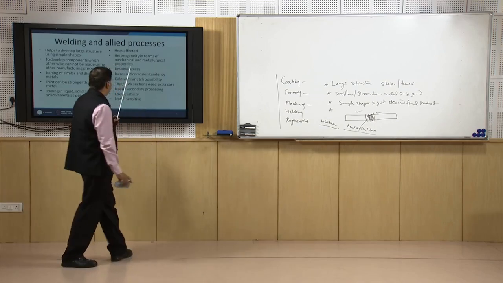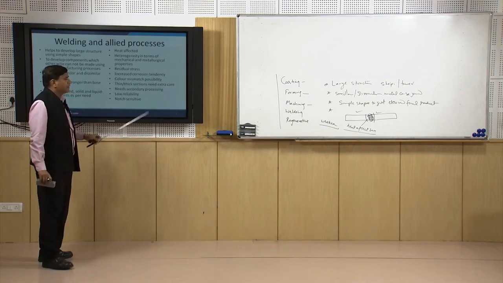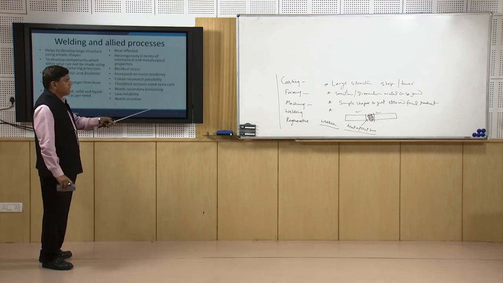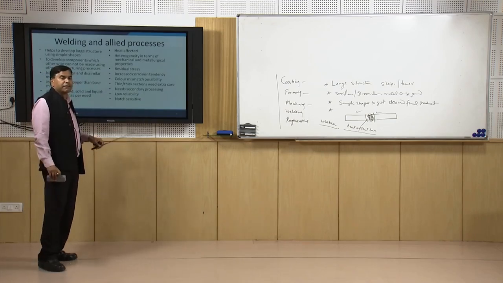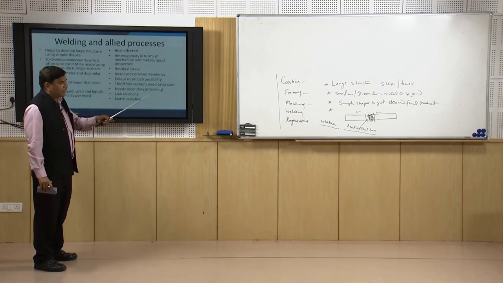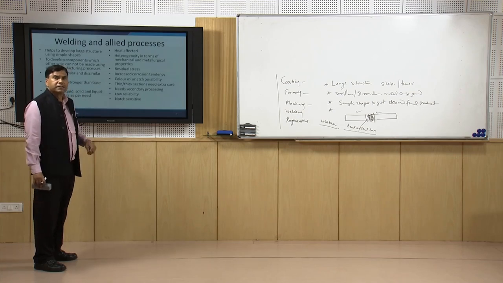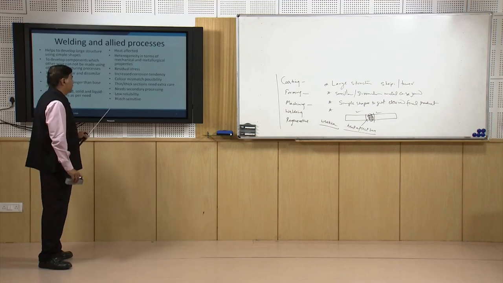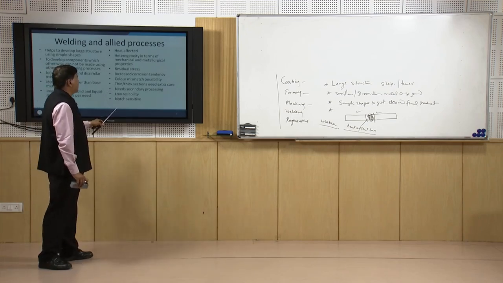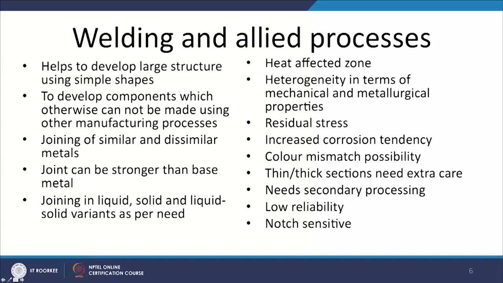The weld joint offers heterogeneity in terms of the mechanical properties and the heat affected zone. Sometimes hardening of the heat affected zone takes place, and sometimes even softening occurs.